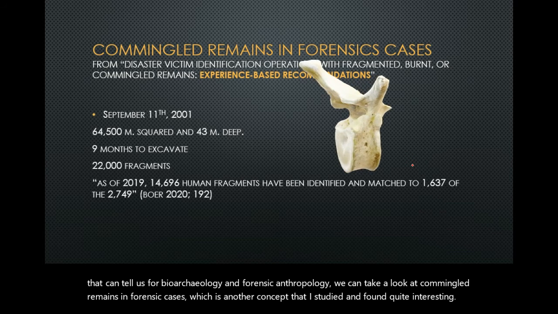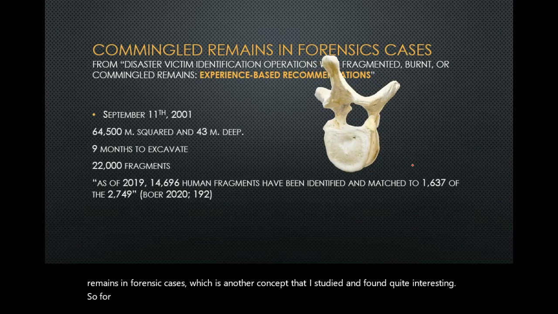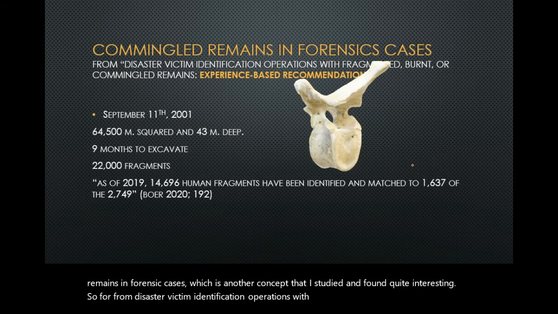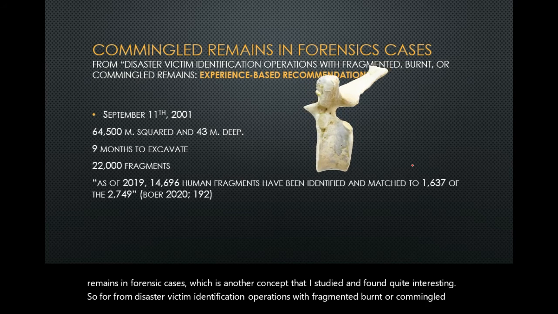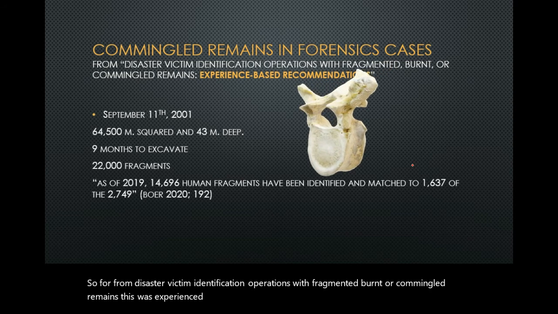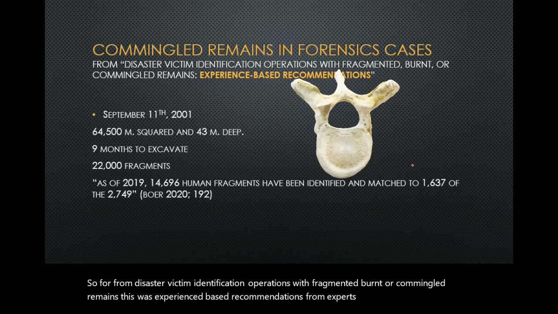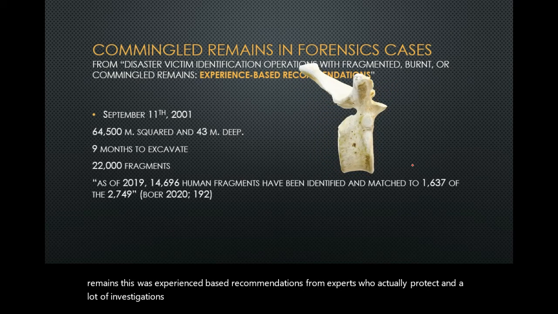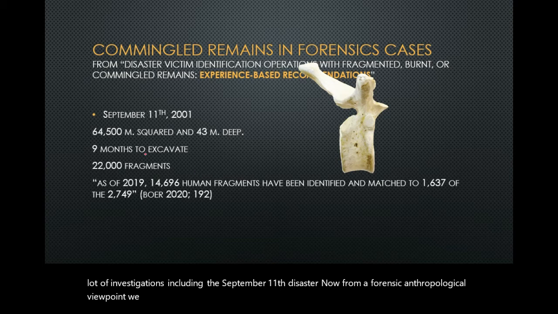So from disaster victim identification operations with fragmented, burnt, or commingled remains, these are experience-based recommendations from experts who actually partook in a lot of investigations, including the September 11th disaster. Now, from a forensic anthropological viewpoint, we see that there were 22,000 fragmentary remains.